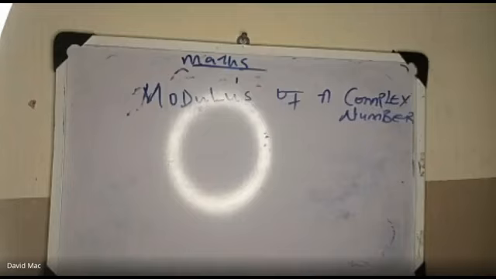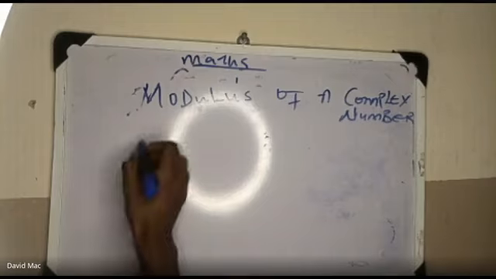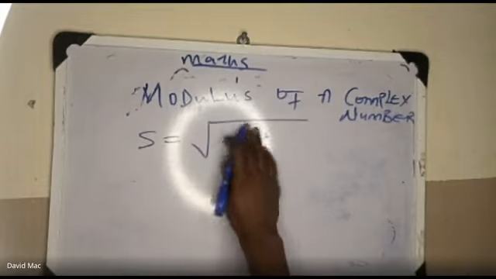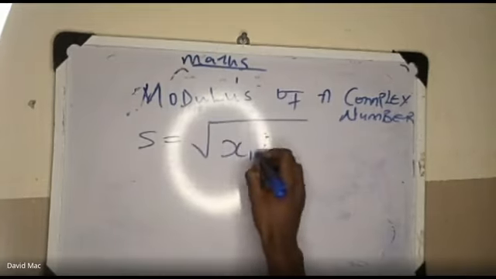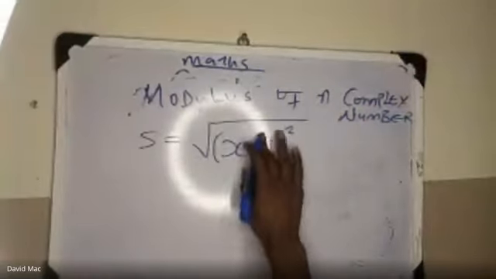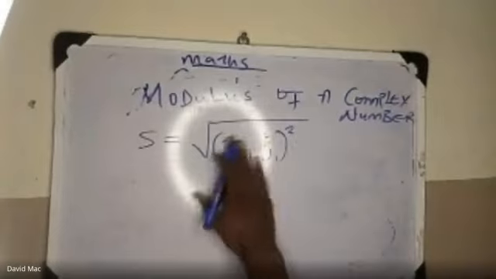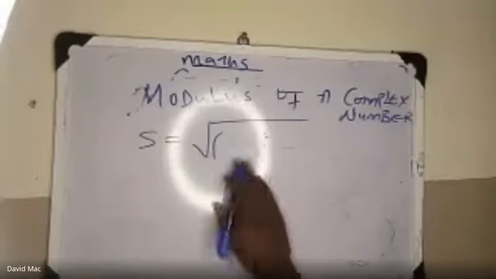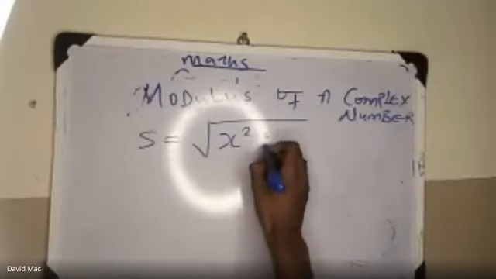I told you, those that came from my physical class last week, that the formula for distance is s equals the square root of your x1 minus x2 squared plus y1 minus y2 squared. Or should I just say the square root of your x squared plus your what?